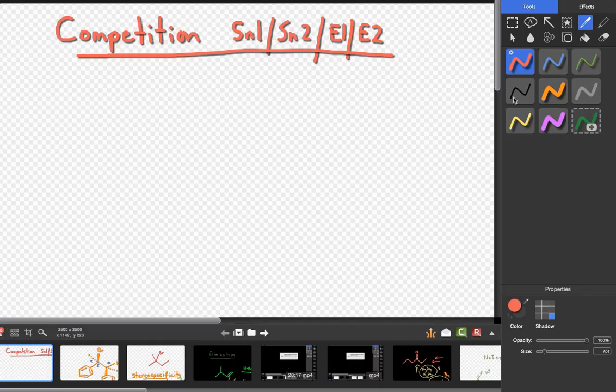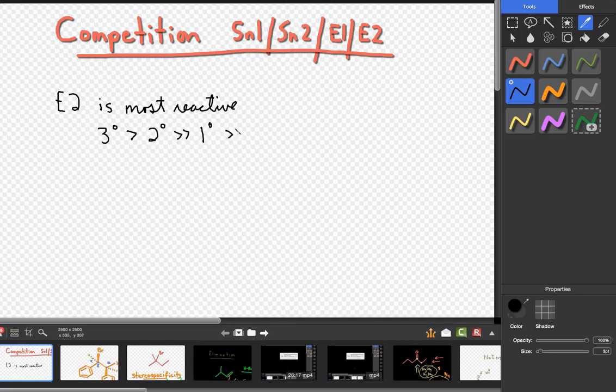So one thing about the elimination mechanism that we just discussed, E2, is most reactive where SN2 is least reactive. So tertiary is most reactive towards E2, then secondary, very little primary, and almost no methyl.